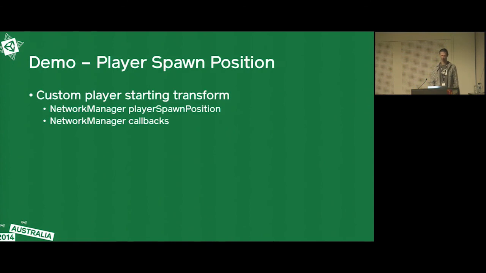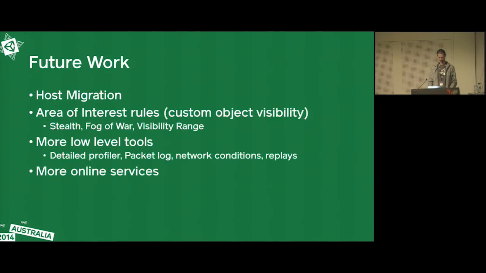Then we're going to customize where the player gets added to the world using the network manager. And I was going to show you how to customize the network manager by overriding some of the base class functionality it has. Then we're going to hook up a scene, have an offline scene, an online scene, and do transitions between them. And that was the end of the demo.